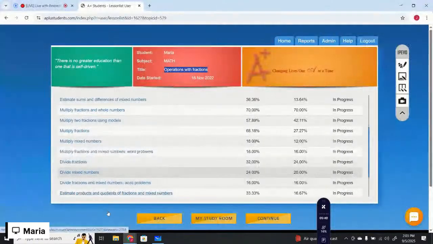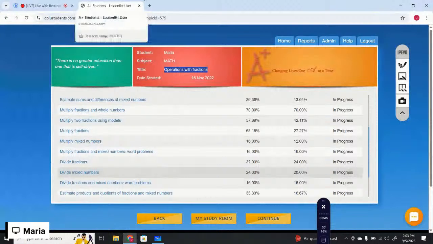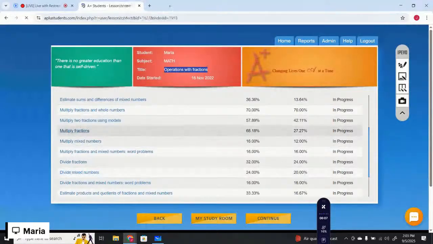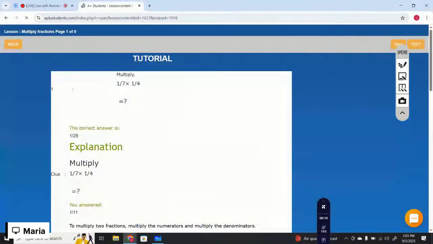And I'm on grade 7 math. Let's just start with the lesson that is multiply fractions. 1 by 7 times 1 by 4.